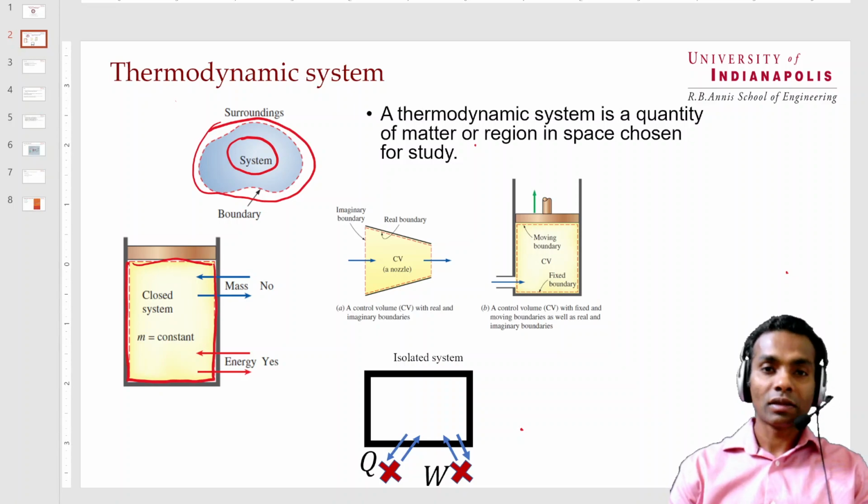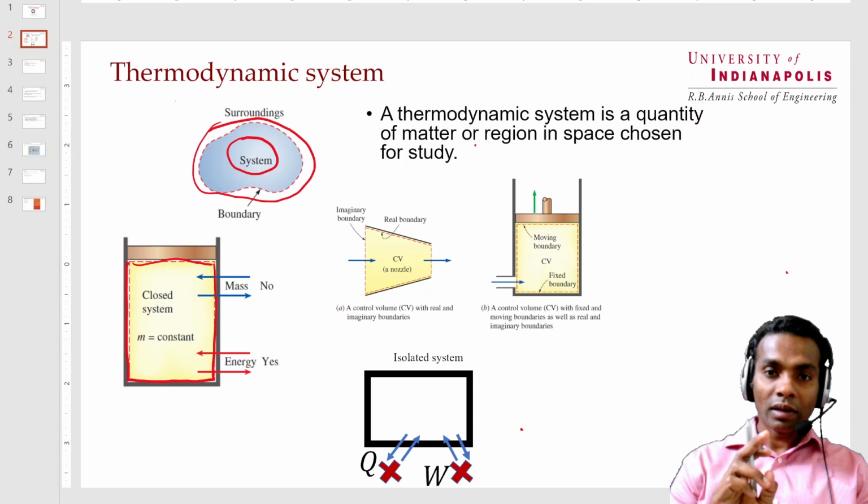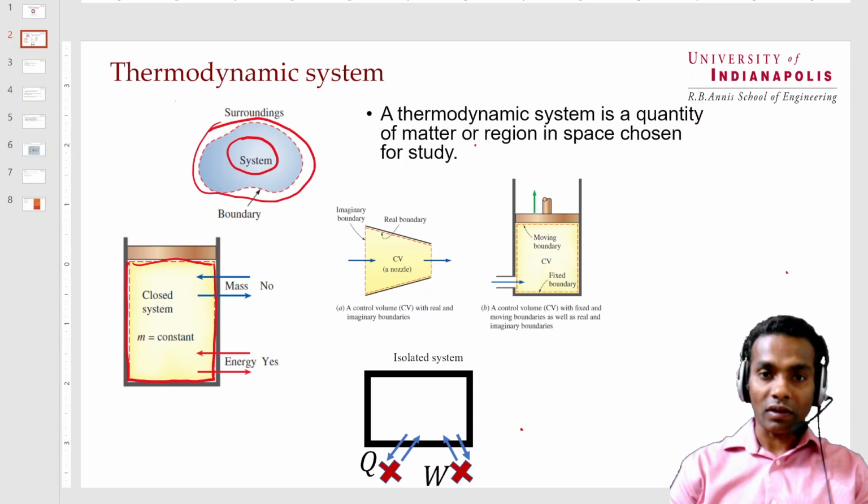There's no mass going in and out of the system. But the system can interact with the surroundings through heat and work. The system can take energy through heat or work. The system can give energy to surroundings through work or heat, or release energy to surroundings.